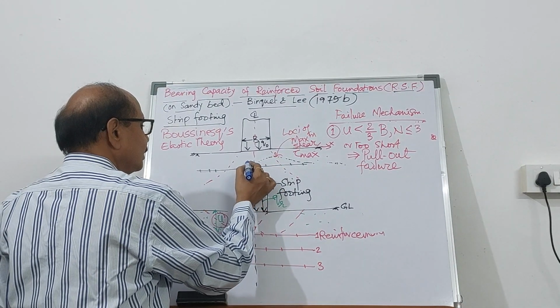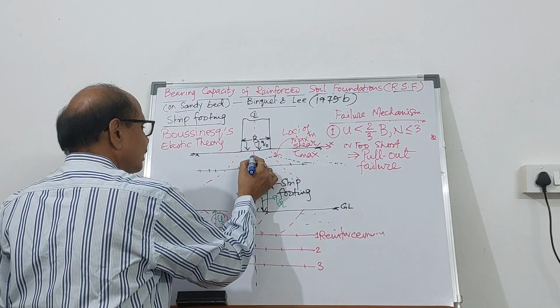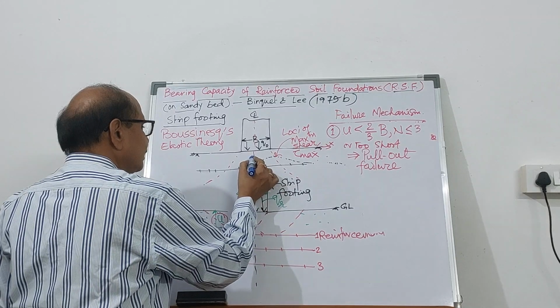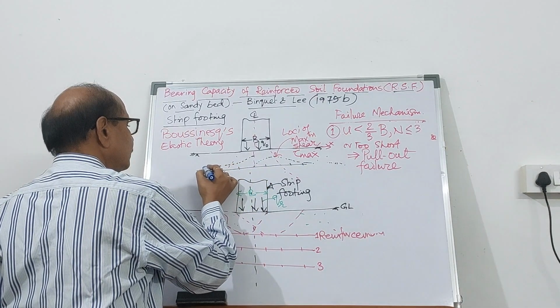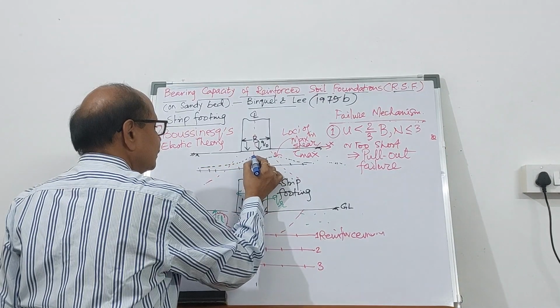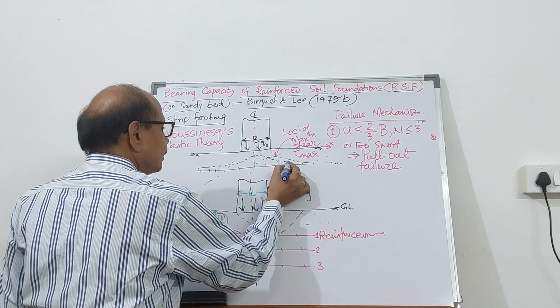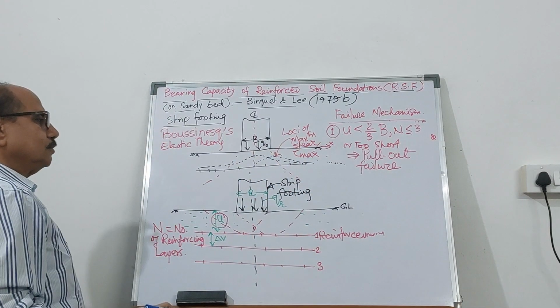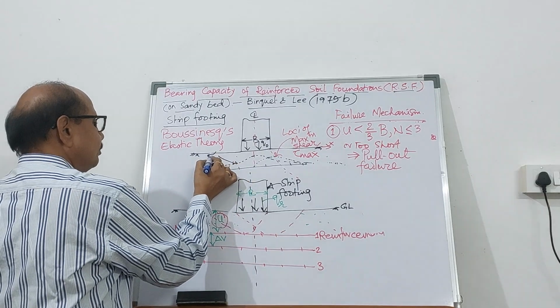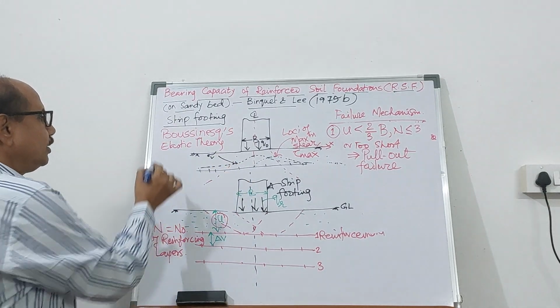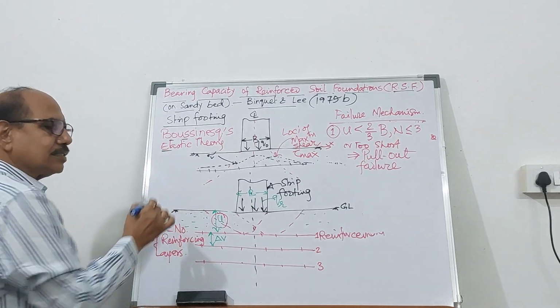And if you see, the vertical pressure is going to be maximum here, and as you go away, it decreases like this. So this is the variation of vertical pressure using Boussinesq elastic theory.